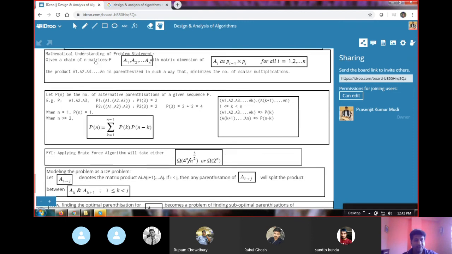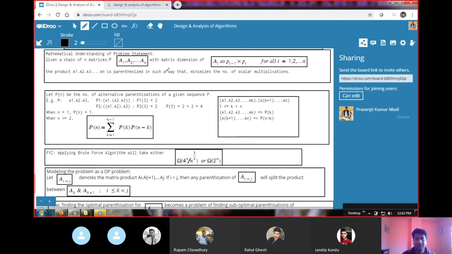If we are given a chain of n matrices, let the sequence of matrices be A1, A2, dot dot An, with matrix dimensions, where the dimension of matrix Ai is p(i-1) cross pi.